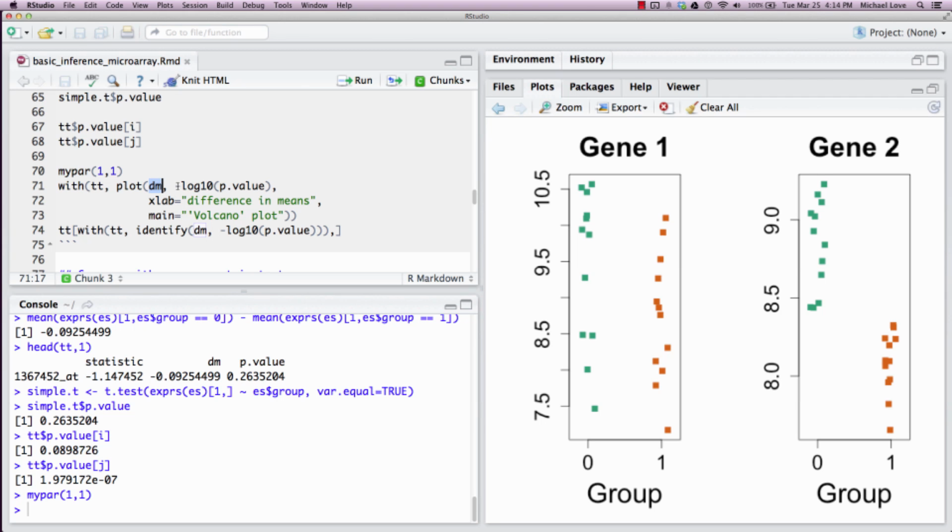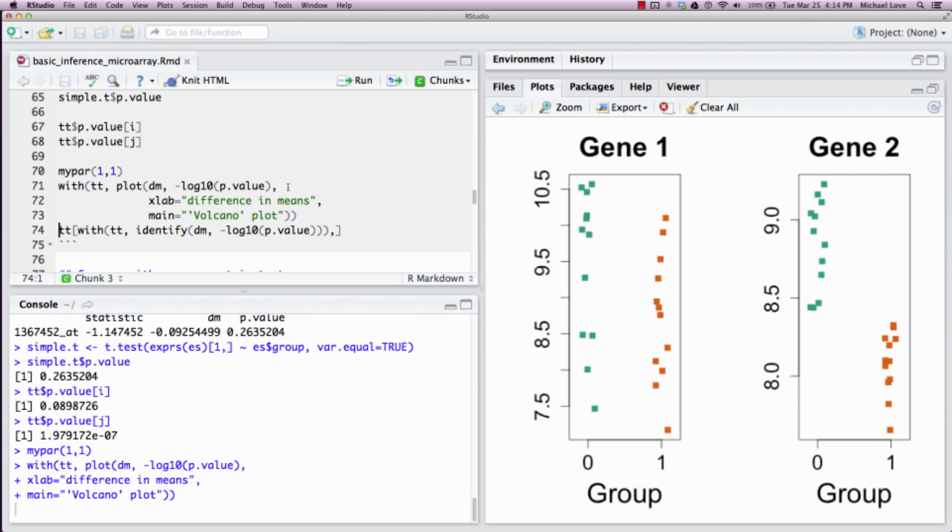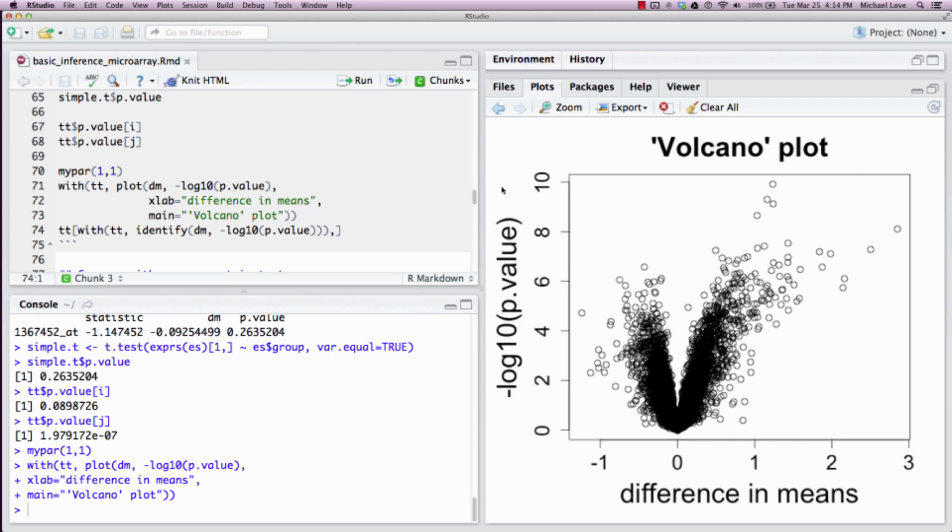So you can make what's called a volcano plot, which plots on the x-axis the difference in means, and on the y-axis the negative log 10 of the p-value. And so you see that when the difference in means is small, the negative log 10 p-value is small, so big p-values. And when the difference in means goes out to 2 or 3, you see that the negative log 10 p-value goes up a lot, which is a very, very low p-value.